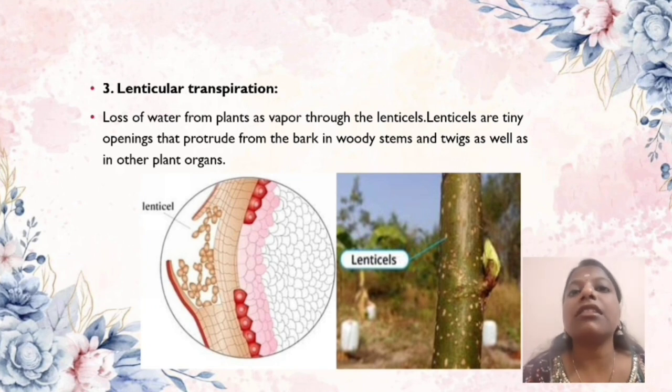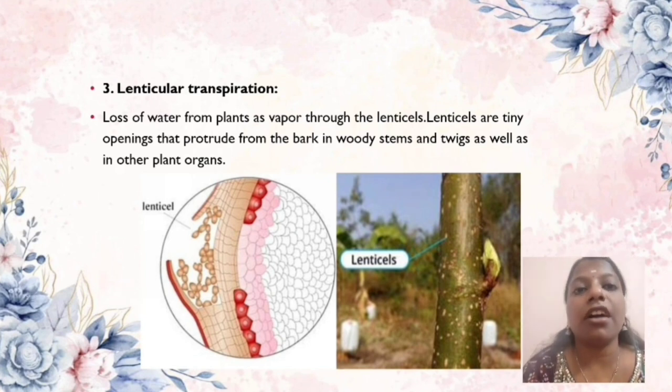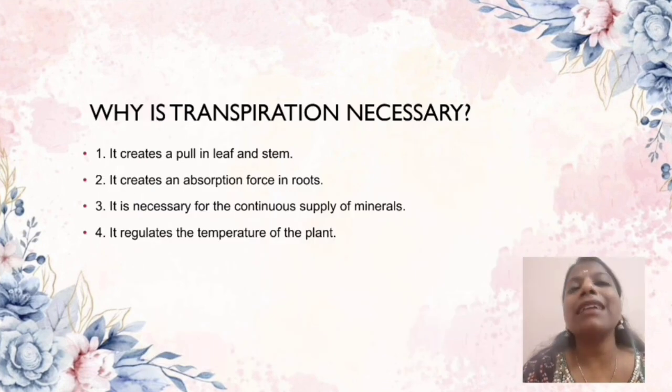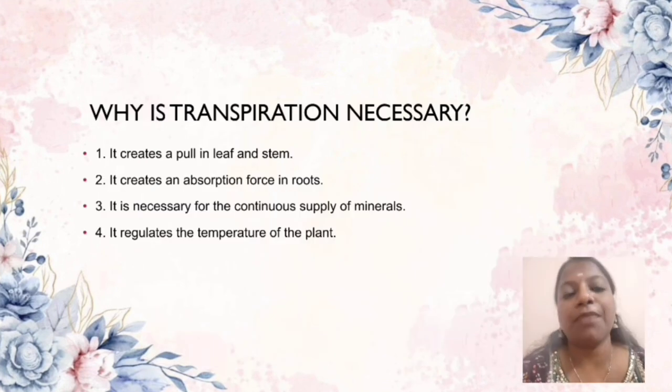So all these 3 types are very important, and especially stomatal transpiration is essential because 90 to 95% of transpiration occurs through stomata only. Now we are going to see why transpiration is necessary for a plant.